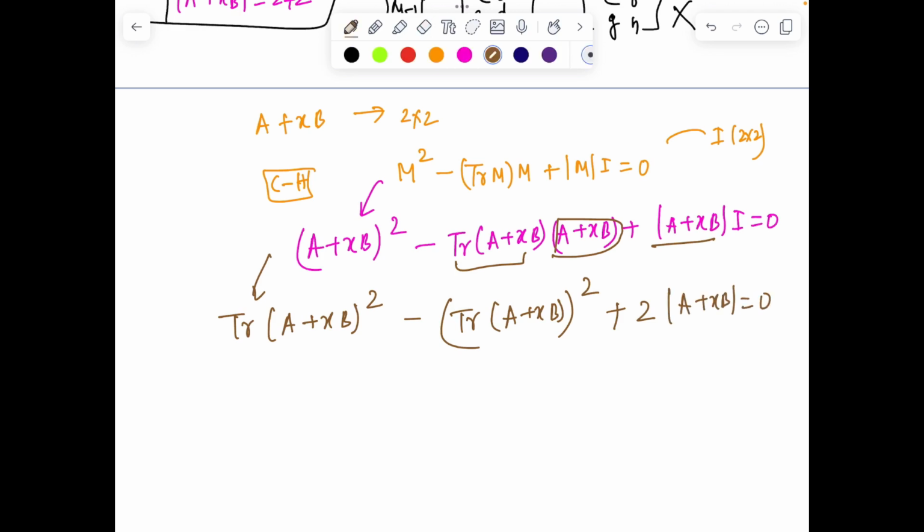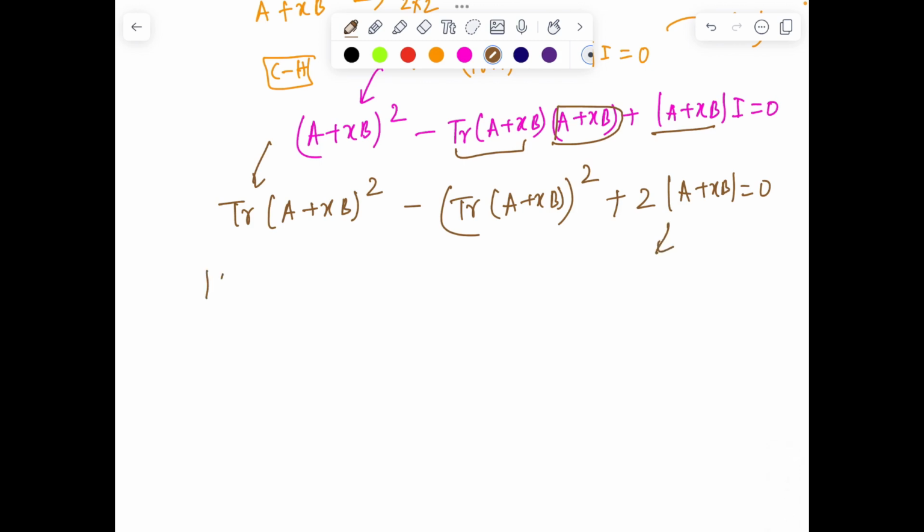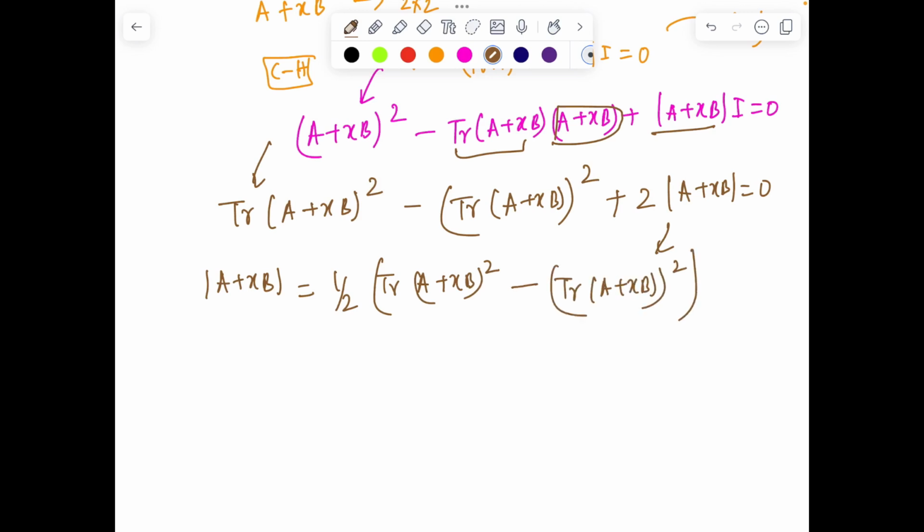So this is the equation that we'll get, and now we can use the given information. So from here what we got is the determinant of A + xB, as you can clearly see, is half times trace of (A + xB)² minus (trace of A + xB)².